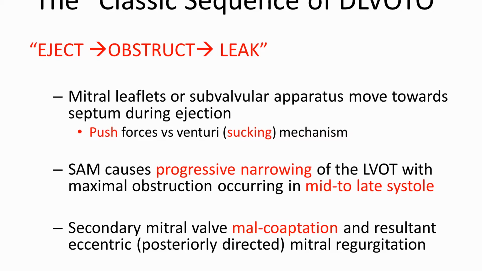So as mentioned before, it causes a progressive narrowing of the outflow tract with maximal obstruction occurring in mid to late systole. That movement of the mitral valve leaflets or apparatus then induces malcoaptation and results in an eccentric and most often posteriorly directed mitral regurgitant jet.